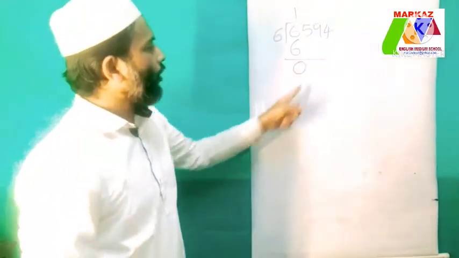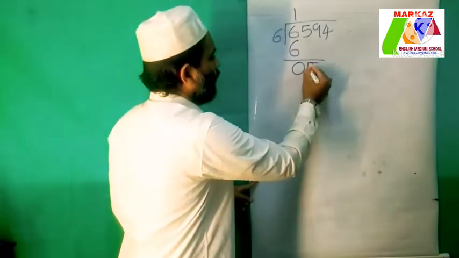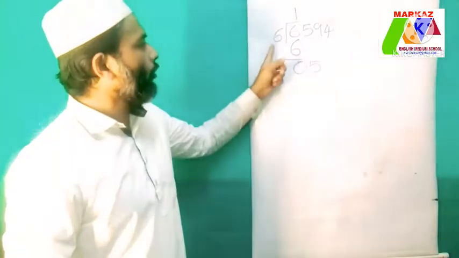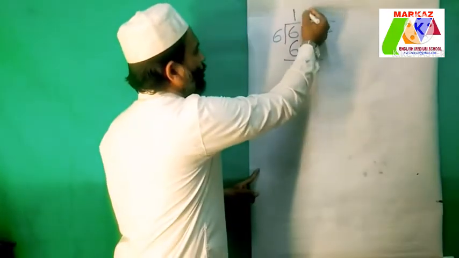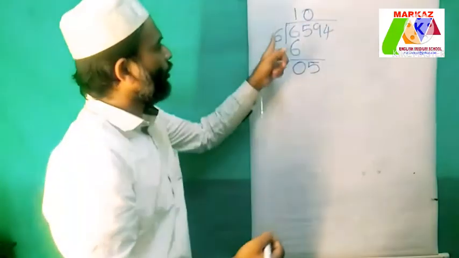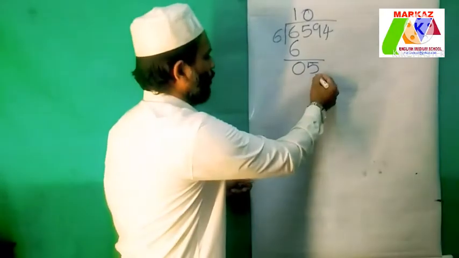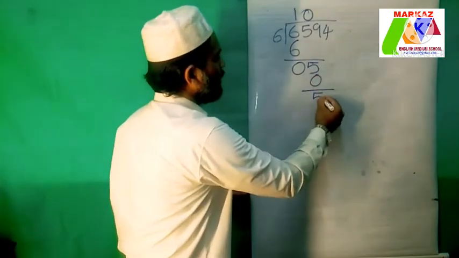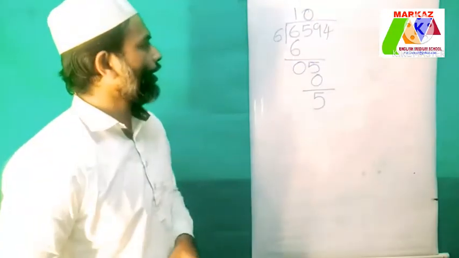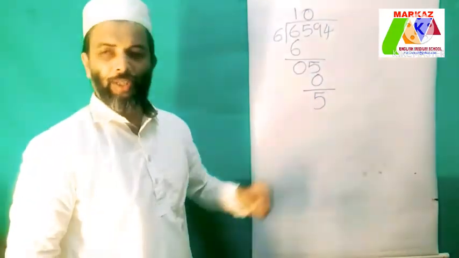Then bring down next digit. It is 5. How many 6 in 5? 0. We write 0 here. 0 into 6, 0. Subtract 0 from 5. Answer is 5. Next, bring down the next digit.